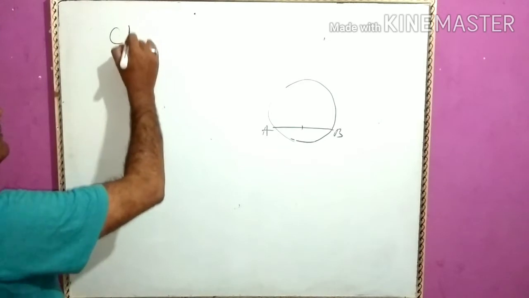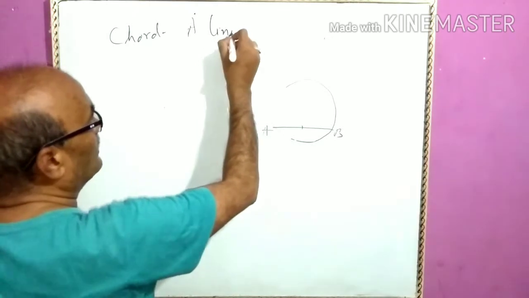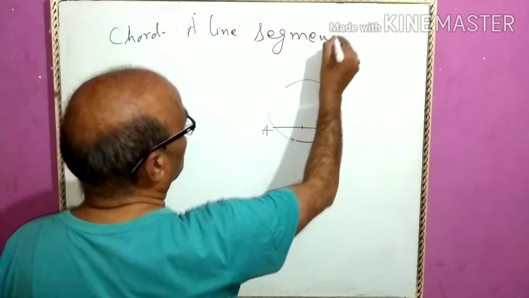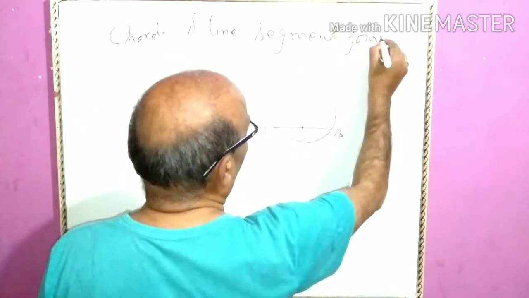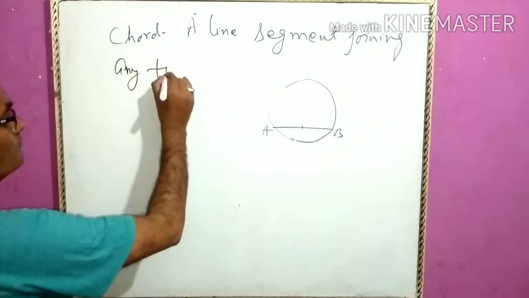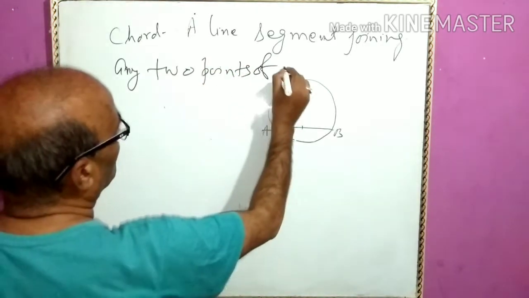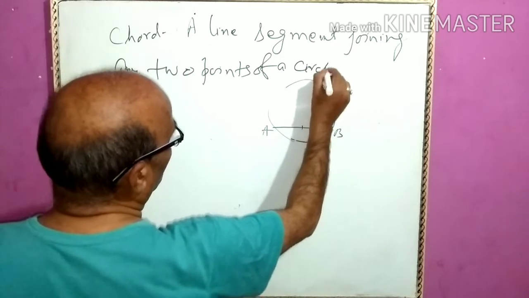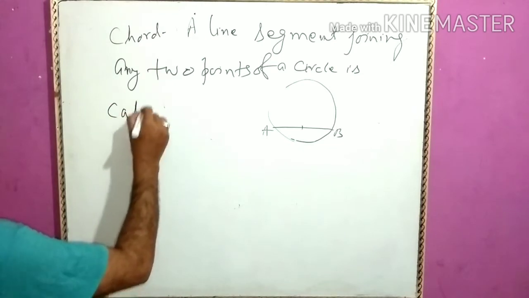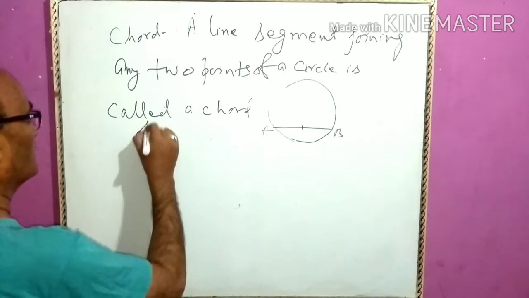So we can define a line segment joining any two points of a circle as a chord of a circle.